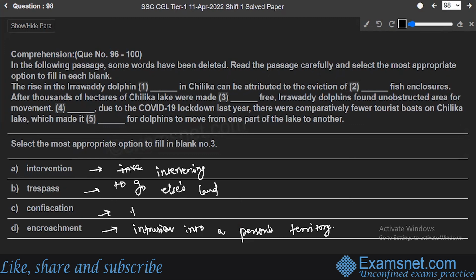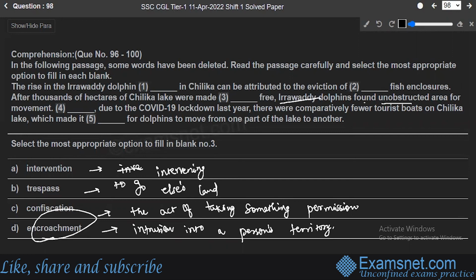Confiscation means the act of taking or seizing something without permission. All right. So we just discussed option D, encroachment. Encroachment can be the correct option for this. It will be: after thousands of hectares of Chilika Lake were made encroachment free, Irrawaddy dolphins found unobstructed area for movement.